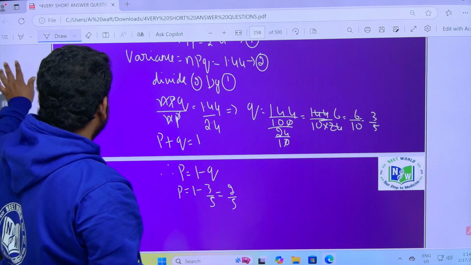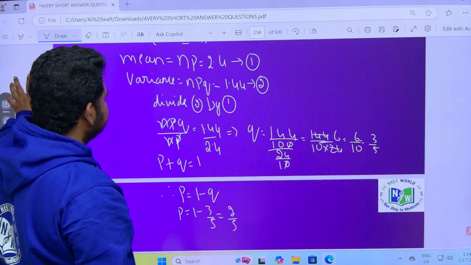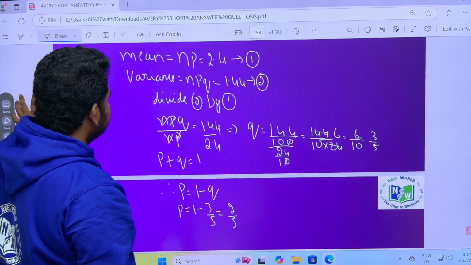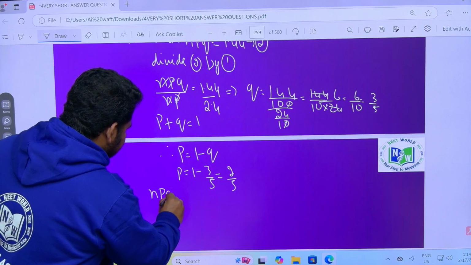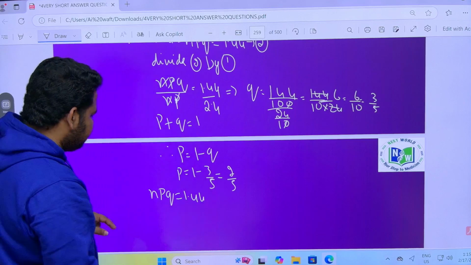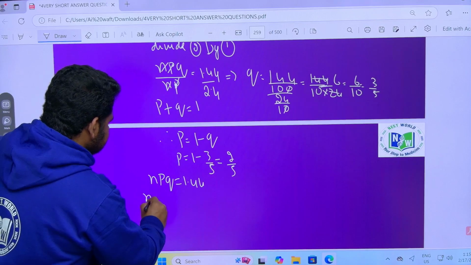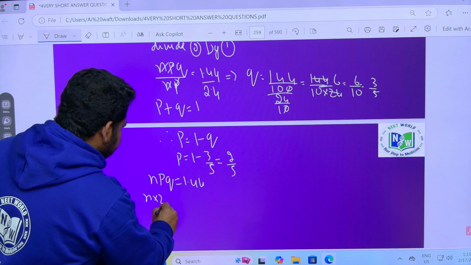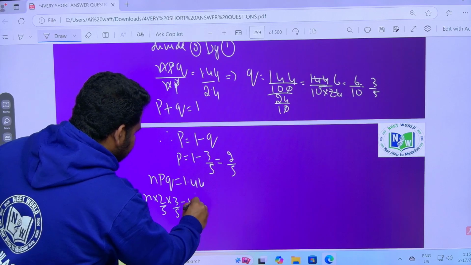Now we got p and q, so we have to find out n. To find n, we know that NPQ is equal to 1.44. If I put the values of p and q, I'll get n. So n into 2 by 5 into 3 by 5 is equal to 1.44.